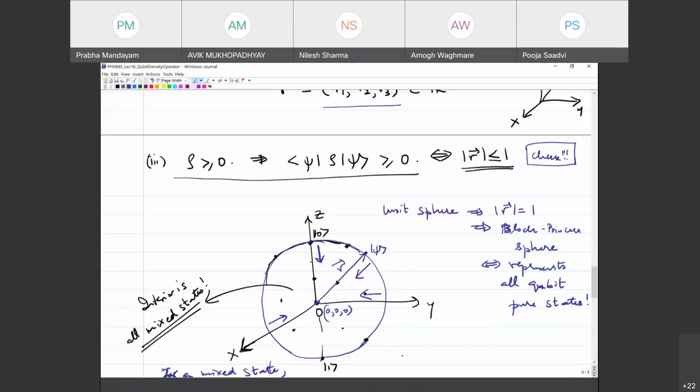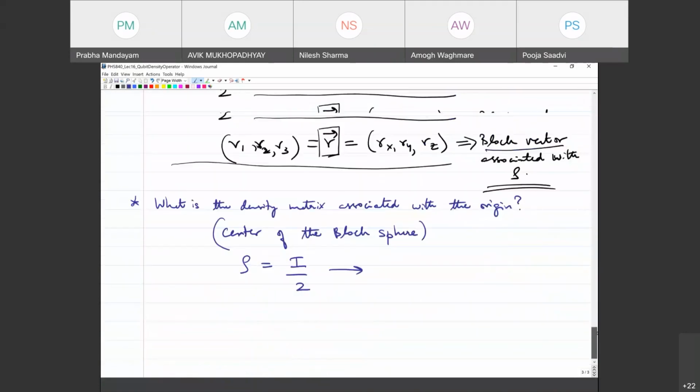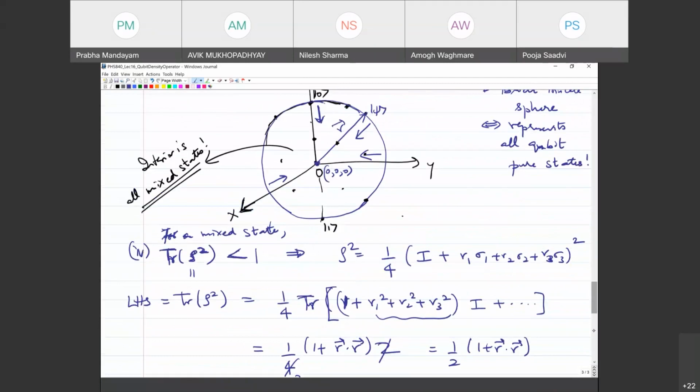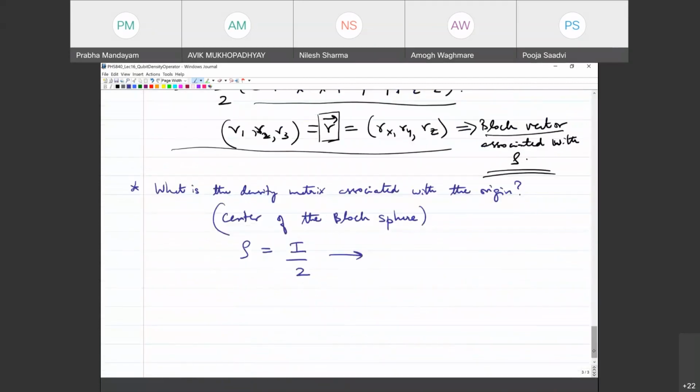Until you reach the origin, and then you can essentially go no further, because you're symmetric about this. So this is the maximally mixed state. This is the state with the least purity, right?